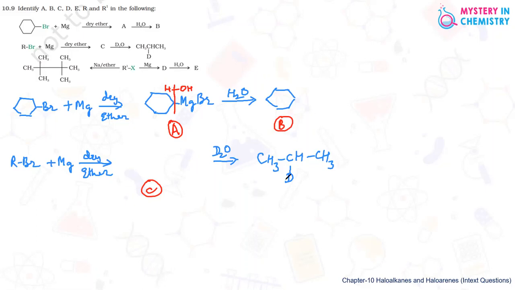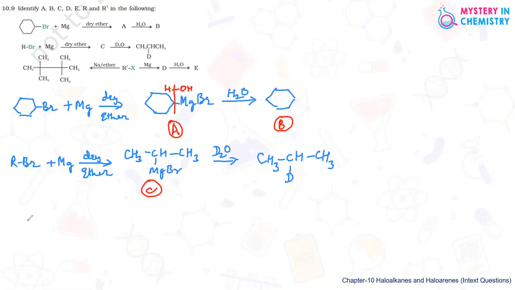By D2O reaction, we should get this compound, and this is possible only if the C compound is CH3, CH, CH3, where the second carbon is attached to magnesium bromide. Then only we can get this final compound.